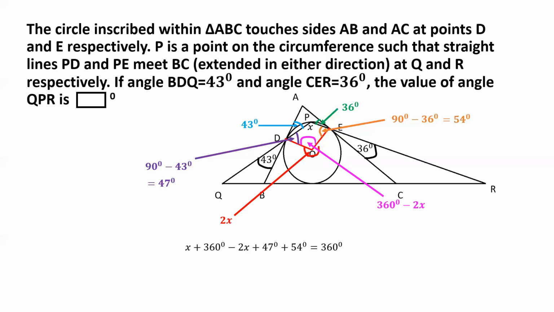So they should all add up to 360. And once we have this equation, it becomes very, very easy to solve for x, and x comes as 101 degrees. So the correct answer in this case is that the value of angle QPR is 101 degrees.